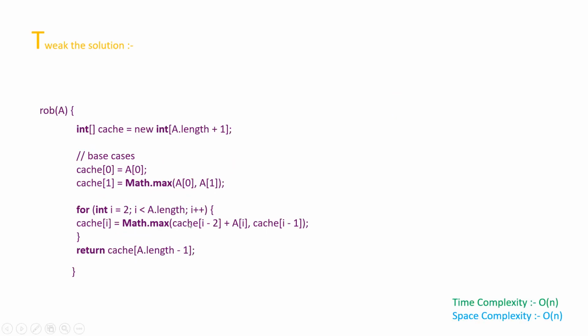In that, if you see, the cache value we are calculating totally depends on cache[i-2] and cache[i-1]. So if you want to calculate any ith index, you need 2 things: immediate i-1 and i-2, the previous of the previous. So you need only the previous 2 indexes. You don't need all the indexes.